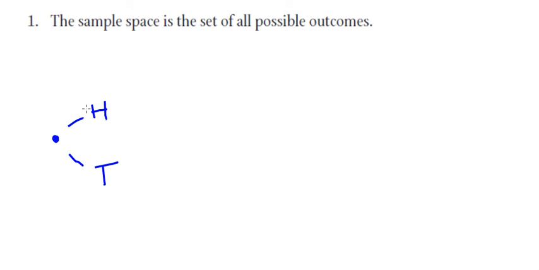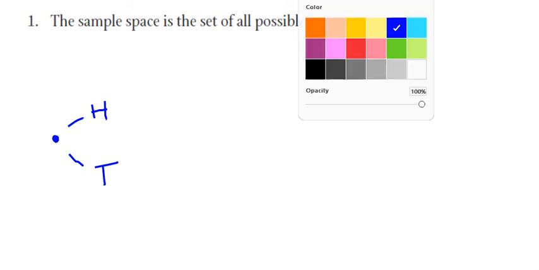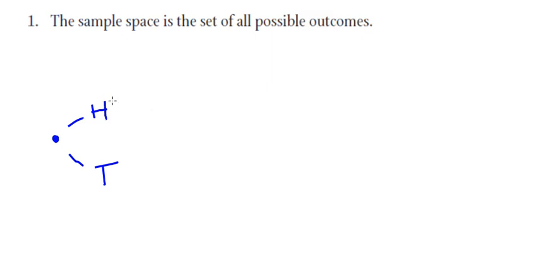So this right here is the first coin toss. On the first coin toss, it could be heads or tails. Now we move on to the second coin toss. It's possible that the first toss was heads and the second toss was heads, or the first was heads and the second is tails.